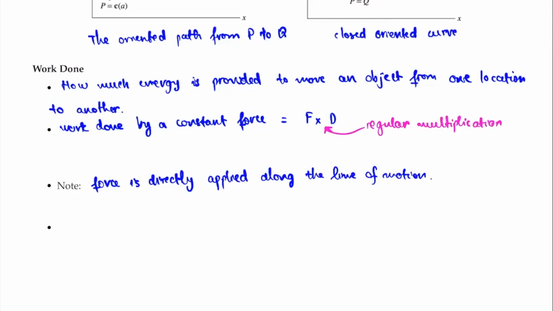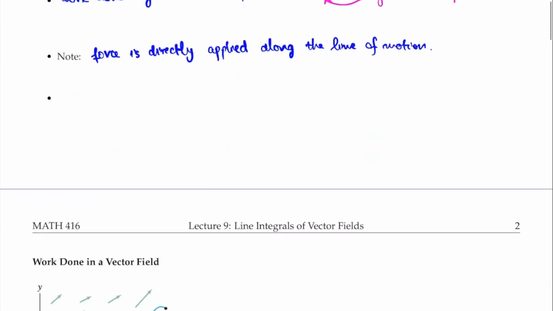But obviously, in reality, that's not going to work. If you carry a table, you will always be applying the force at an angle. Right. So suppose that the force is applied at an angle.